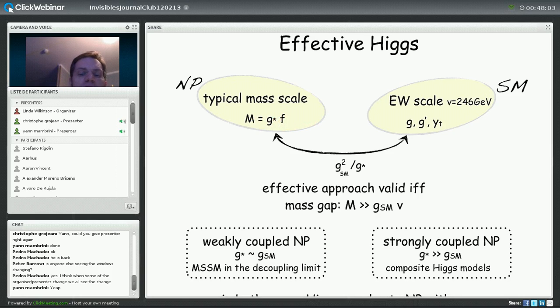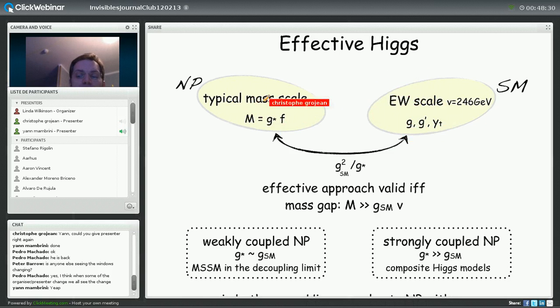So you have to think in analogy with QCD, with m rho equal to g rho times f pi, the decay constant of QCD. But it can also be a weakly coupled sector, like in supersymmetry, for instance. And in this case, g star, or g rho, will be of the same order as the coupling of the standard model.